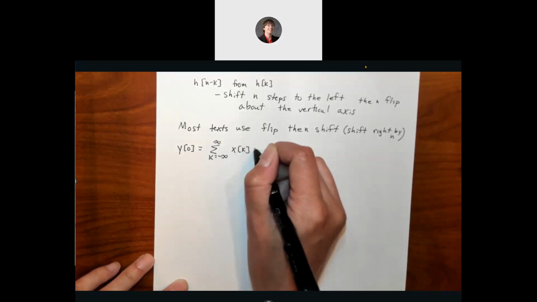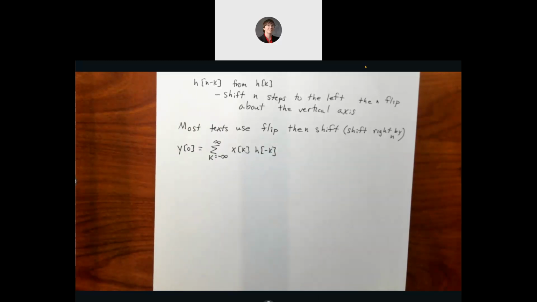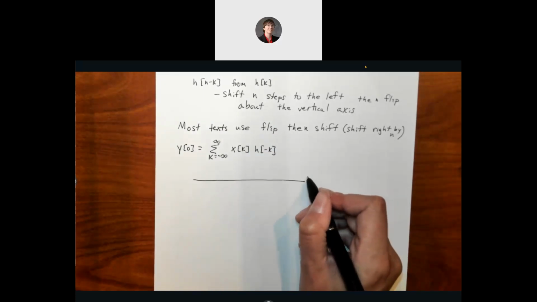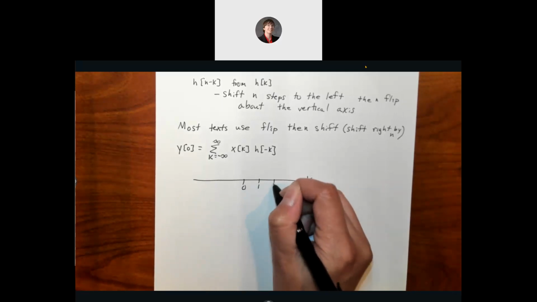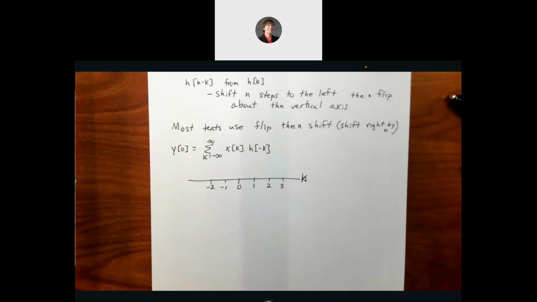So we know that is a summation of x of k h of n minus k. If n is 0, then n minus k is just minus k. And so what you would do is sketch out in terms of k. You would have your x of k.